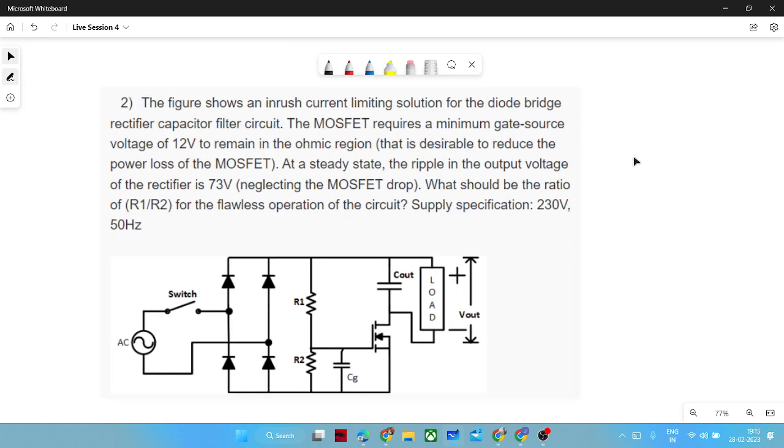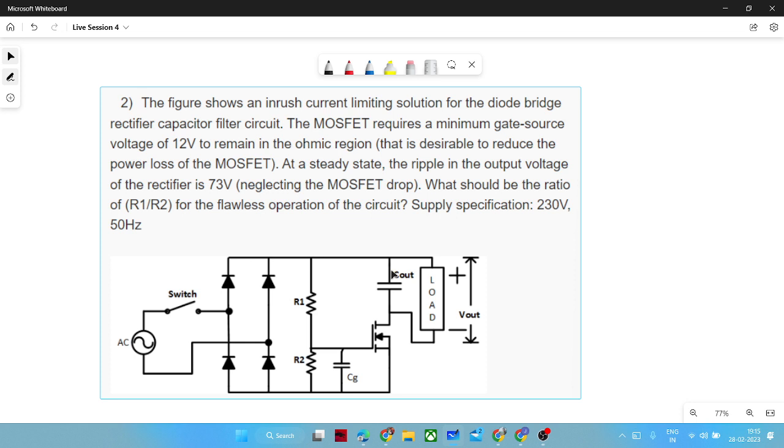So here it is given a diode bridge rectifier with a filter. When the MOSFET will be on, that voltage is required, 12 volts, and you are given the ripple in the output voltage, right?